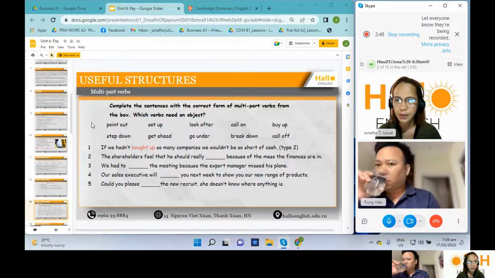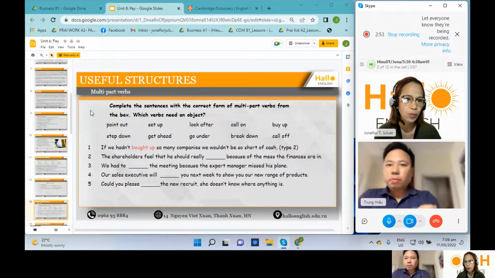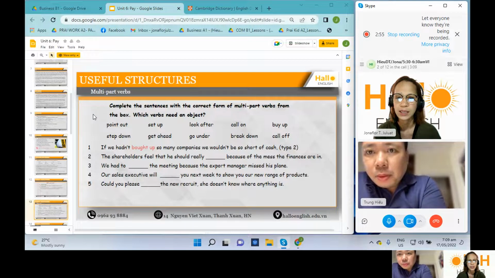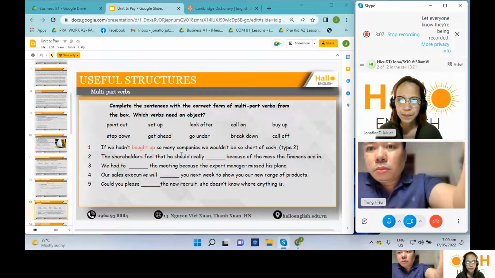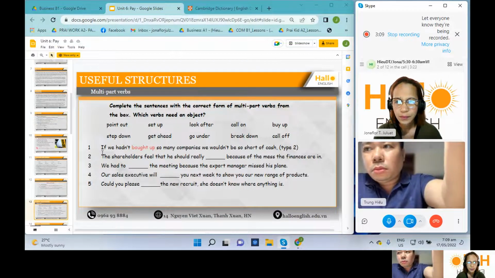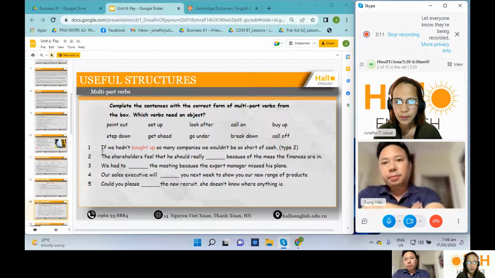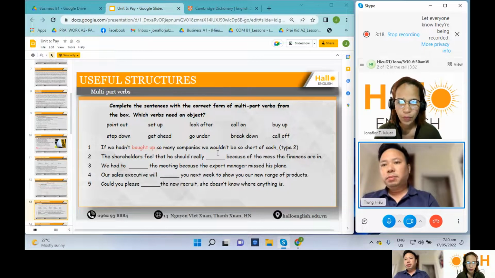Now let's proceed to some exercises. For multi-part verbs, let's complete the sentence with the correct form of multi-part verbs from the box. So which verbs need an object? For example, number 1: if we hadn't bought up so many companies, we couldn't be so short of cash.